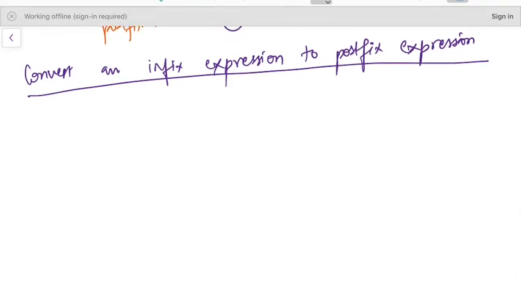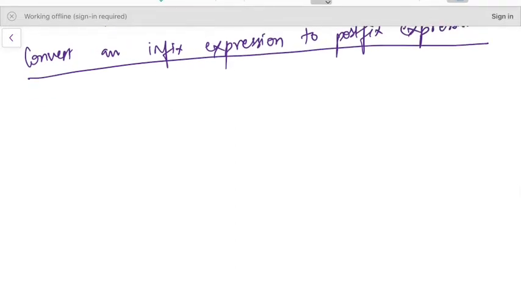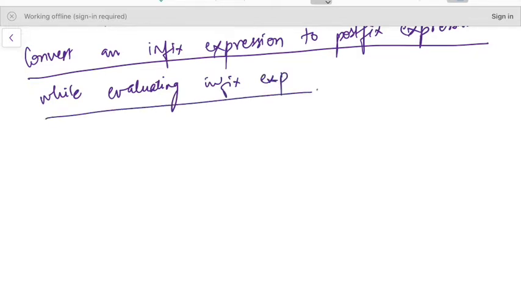Alright. So let me explain the rules first. So what happens is, while we evaluate the infix expression, we follow the following precedence. There is an order, evaluation order.